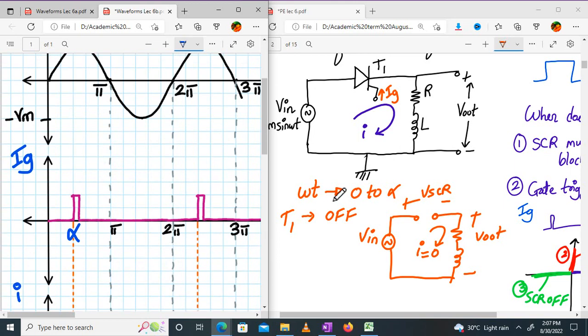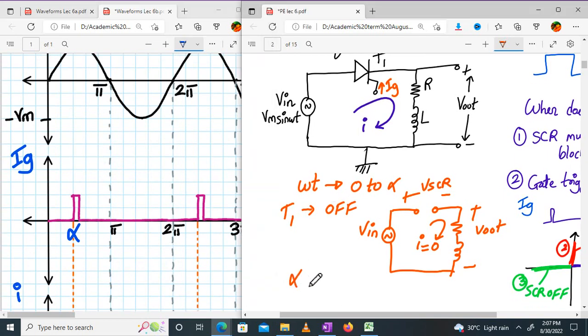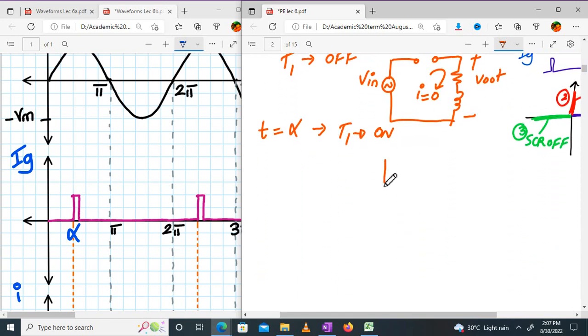Yeah. Now let us come back. Now we have applied the gate trigger alpha. So what happens at t equal to alpha? Your T1 is turning on. When T1 is turning on, what happens? Please look on the board. Everyone, when T1 is turning on, the circuit will behave like this, right? It will behave as a short circuit. Now tell me, this is V in, the current starts flowing, right?